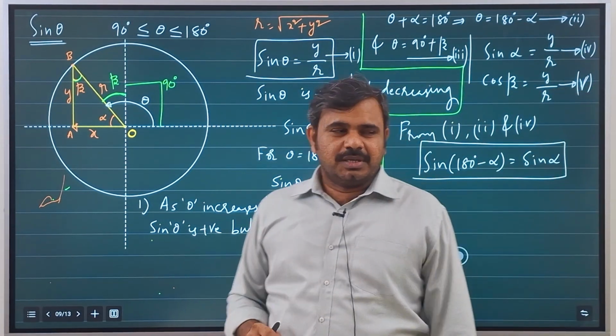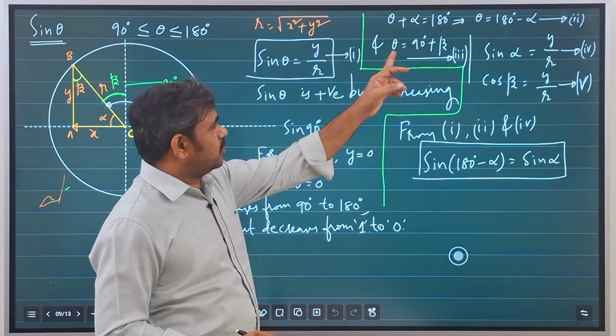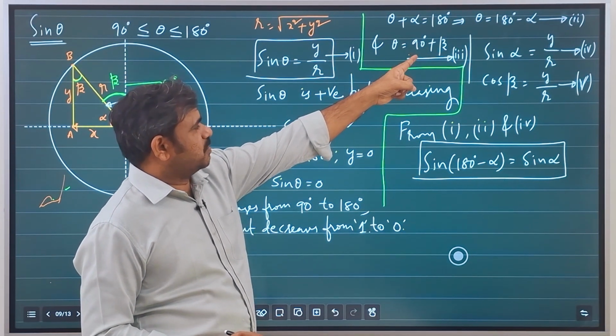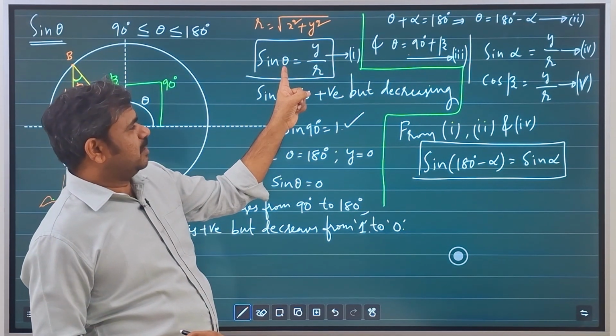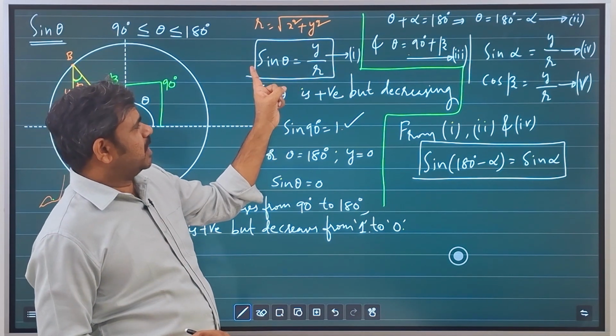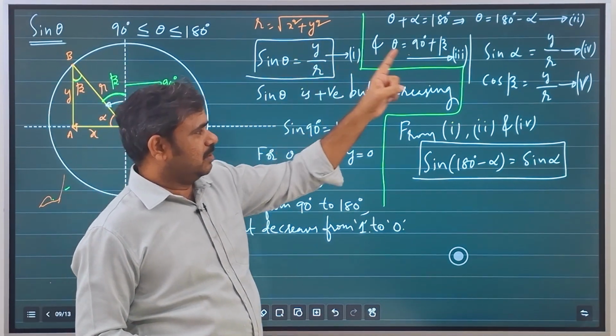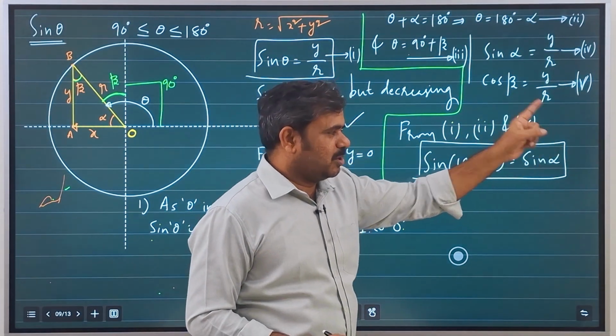Similarly, theta is also 90 degrees plus beta. So substitute 90 degrees plus beta in the first equation. So sin 90 degrees plus beta is equal to y by r. Cos beta is also equal to y by r.